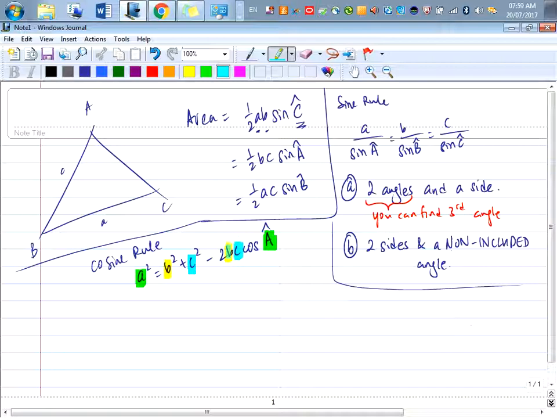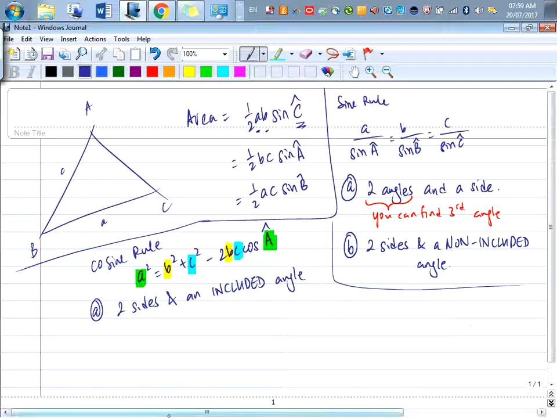Okay? So when are the cases that we can use your cosine rule? When you have two angles and a side, you use sine rule. When you have two sides and a non-included angle, you use sine rule. So the time to use your cosine rule will be when you're given two sides and an included angle.